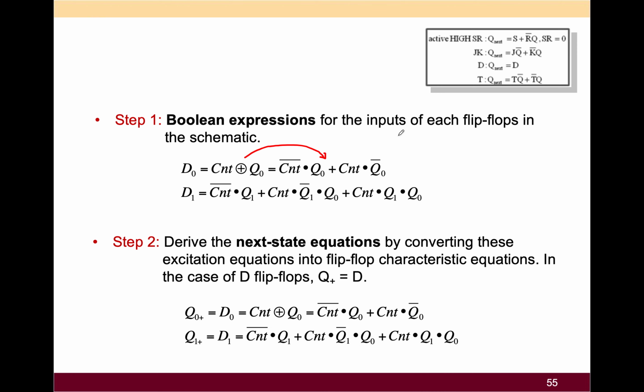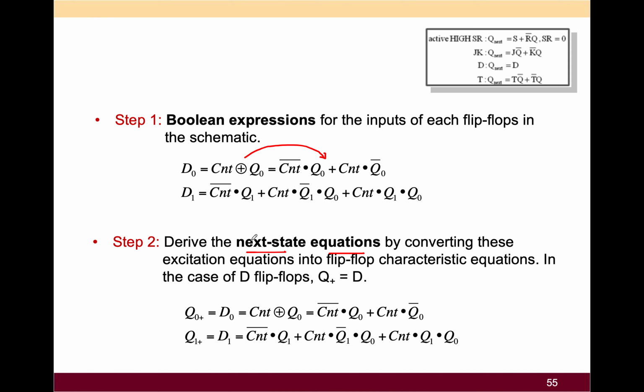Then second step, derive the next state equation by converting this excitation equation using the flip-flop characteristic equation. In the case of the flip-flop, you can see over here, you need to derive the next state equation.